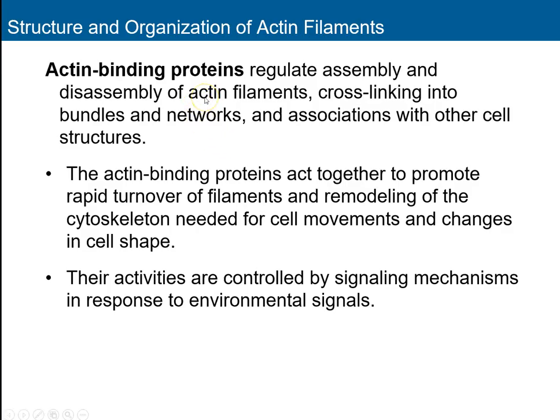Now, in order for those other types of structures to form, like these networks and these bundles, you have to have other proteins that help out. We said actin itself is a protein; there are also actin binding proteins, okay? These guys will regulate assembly and disassembly of actin filaments. Like I said, they'll help form these bundles and networks, and they'll also help make associations with other cell structures.